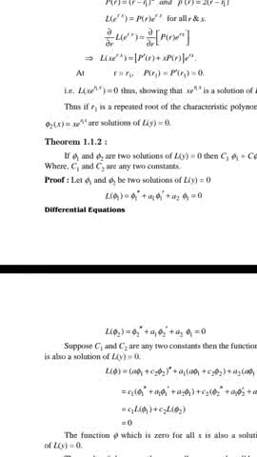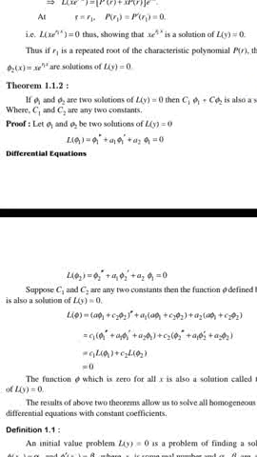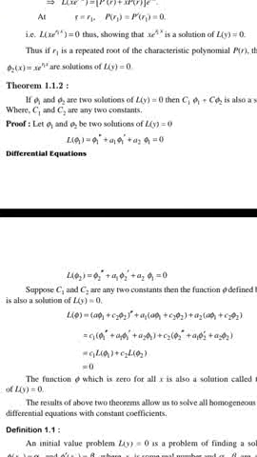Therefore, L of phi is equal to c1 phi1 plus c2 phi2 double dash plus a1 into c1 phi1 plus c2 phi2 dash plus a2 c1 phi1 plus c2 phi2 is equal to c1 times phi1 double dash plus a1 phi1 dash plus a2 phi1 plus c2 times phi2 double dash plus a1 phi2 dash plus a2 phi2 is equal to c1 L of phi1 plus c2 L of phi2 is equal to 0.